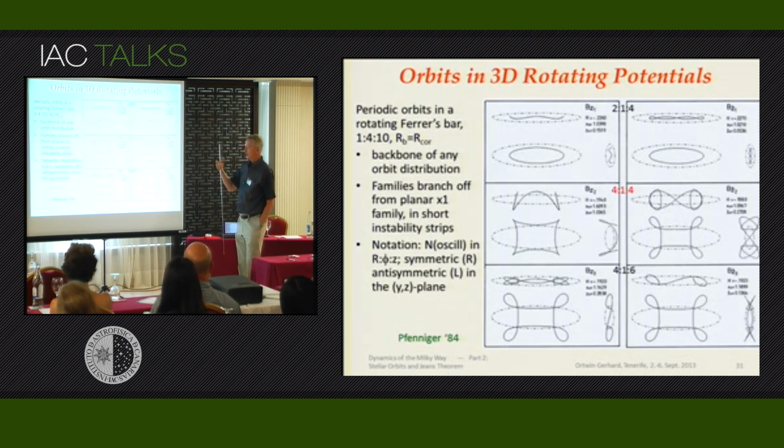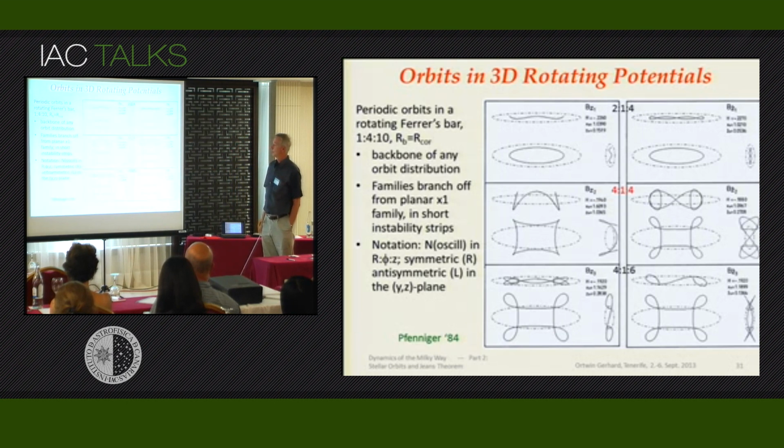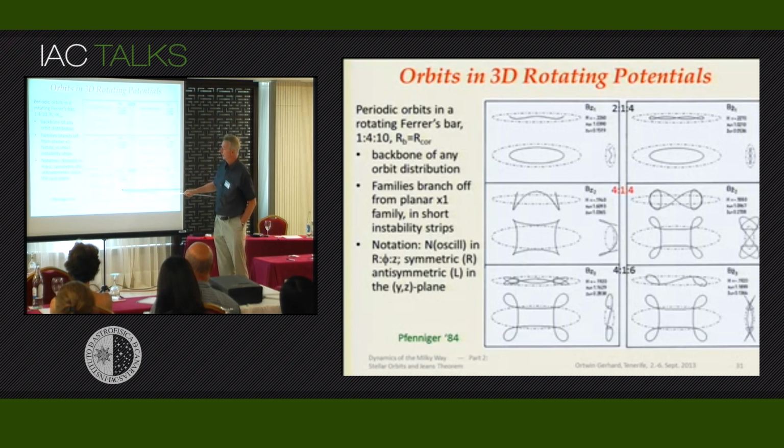It's 4:1 to 6. And in the other panels here, you see other resonant families. This, for example, is called 4:1,4, according to the 4 oscillations radial, 1 around the center and 4 going 1, 2, 3, 4 in Z. And this one is a 2:1 to 4.